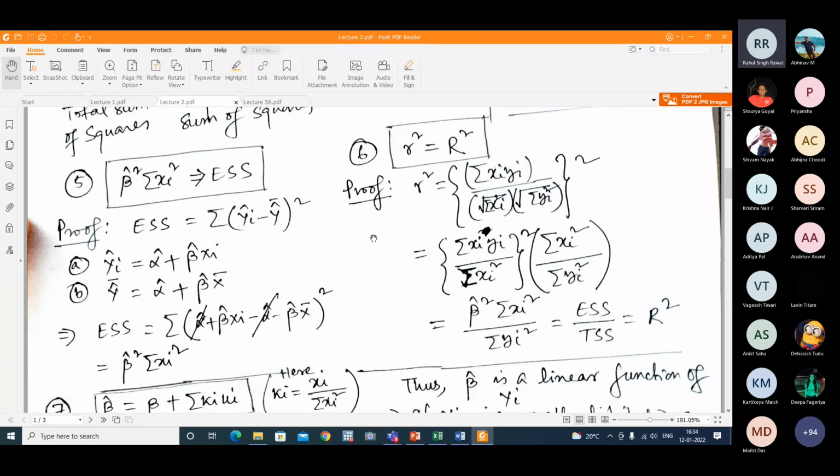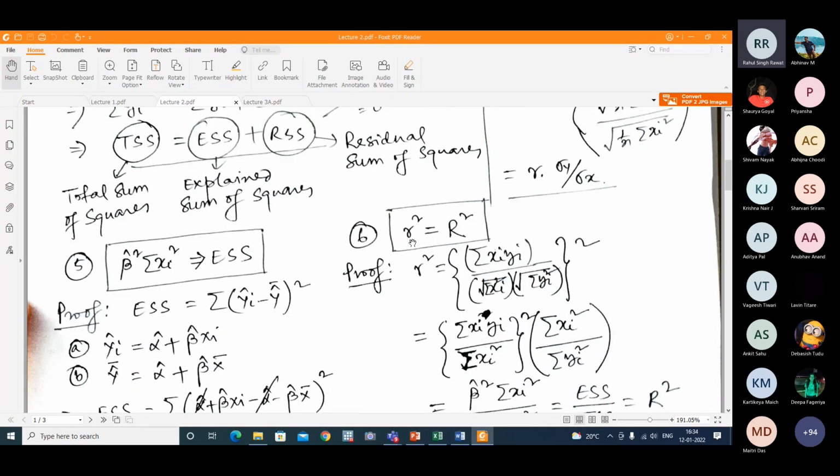I also told that if I square the correlation coefficient between x and y in a bivariate model, I will get capital R square. How am I getting this? You know, this is the formula for the correlation coefficient: covariance of xy divided by standard deviation of x and standard deviation of y.